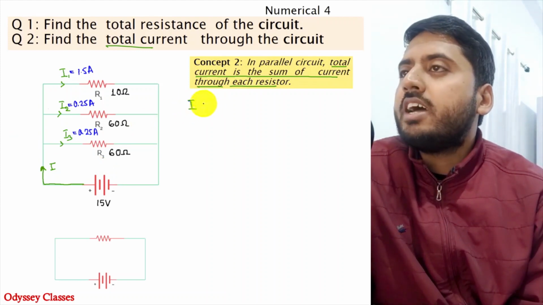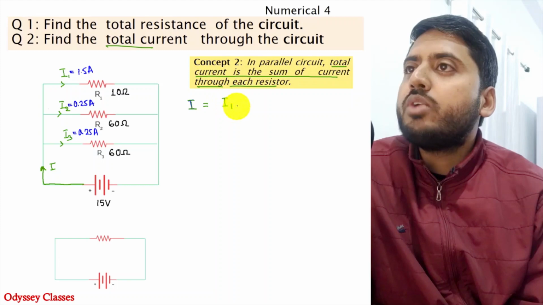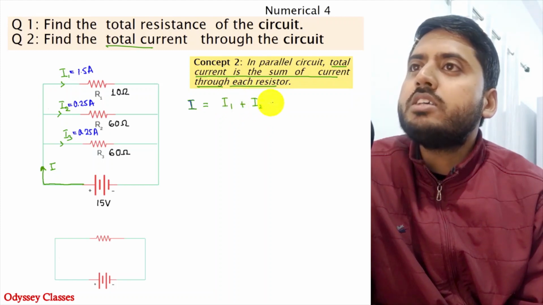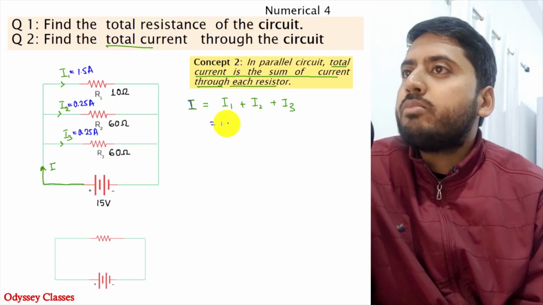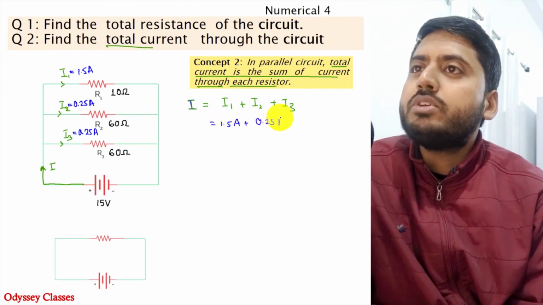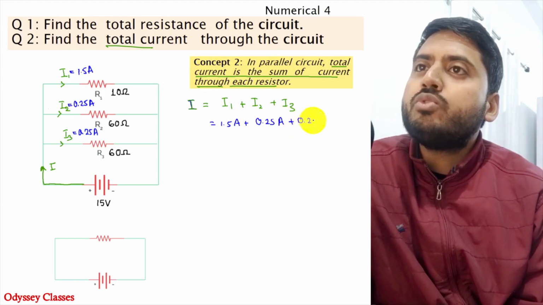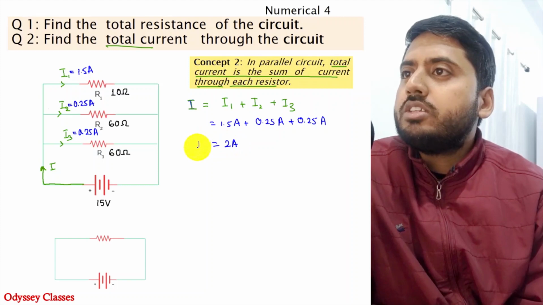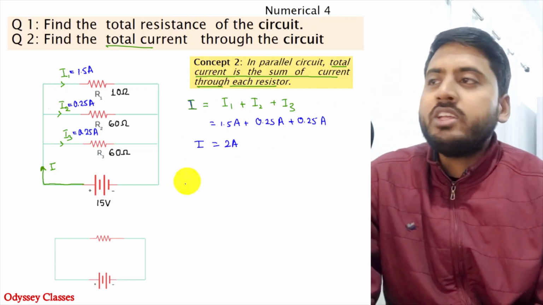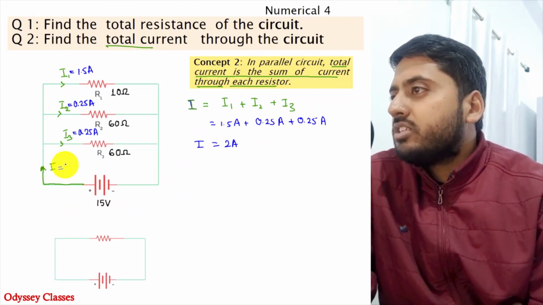Total current I is equal to the sum of I1 plus I2 plus I3. Let's add them all. We have 1.5 ampere plus 0.25 amperes plus 0.25, and that is going to give us 2 amperes. This is the total current that is flowing in the circuit.